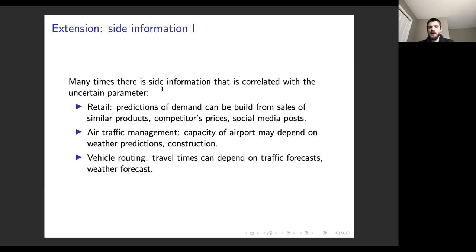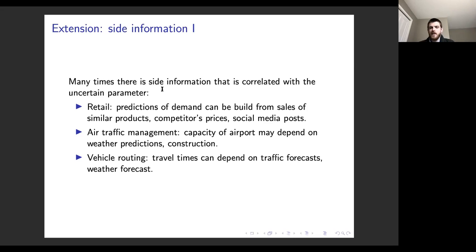And similarly, in air traffic management, you do have historical data related to the capacity of the airport, but you also have additional data that will provide you more information. So if you're trying to plan air traffic management movements on a given day, you have the weather predictions for that day. You also might be aware of if there's any, say, runway construction happening on that day.